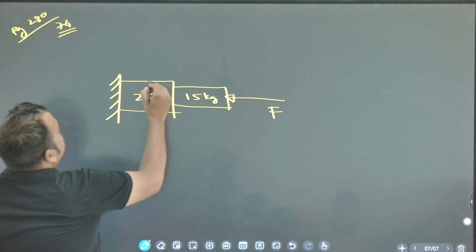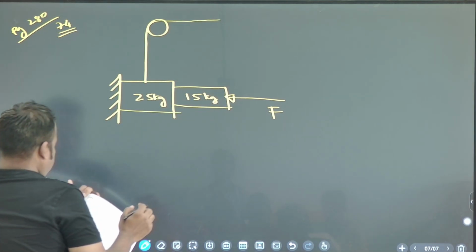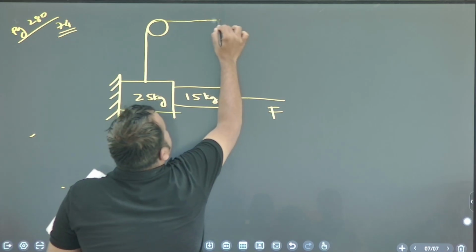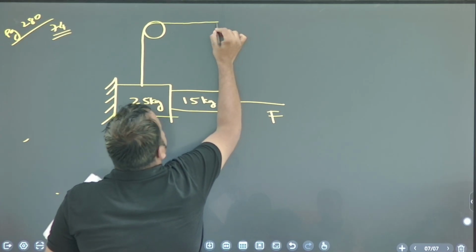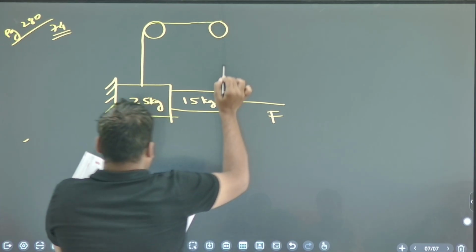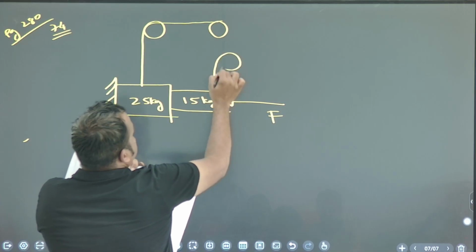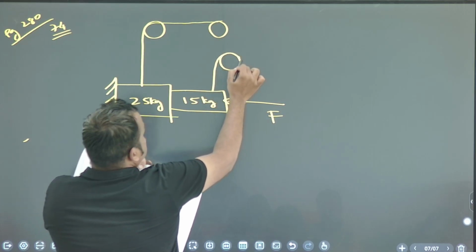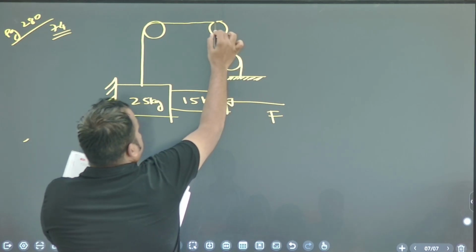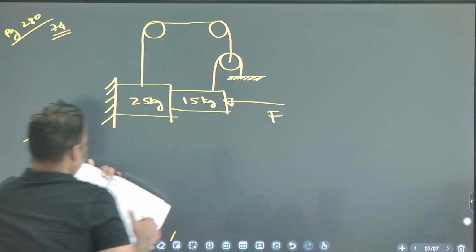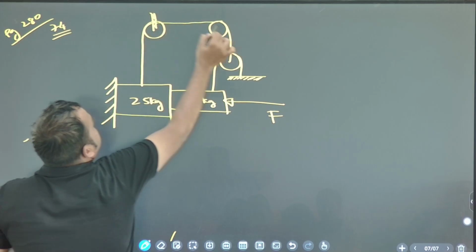One string is going over this pulley. Here clamp is there.